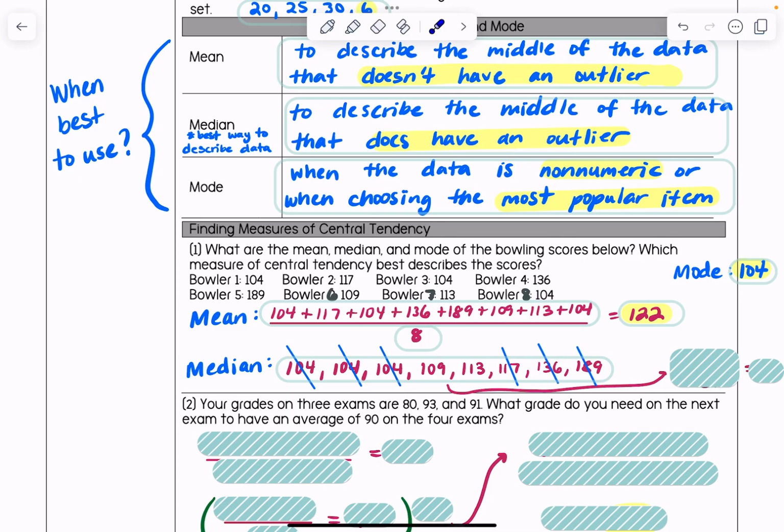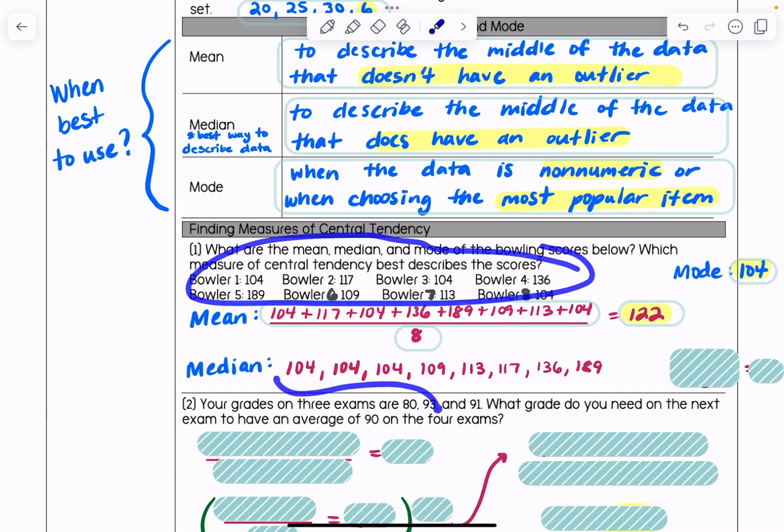For median, you need to order all these numbers from smallest to largest, left to right. And then we're going to cross them off at the end.